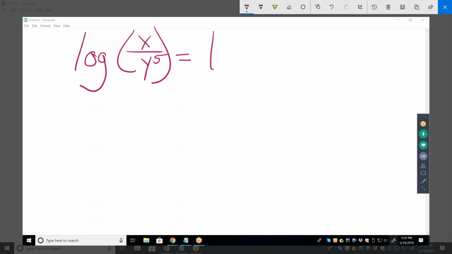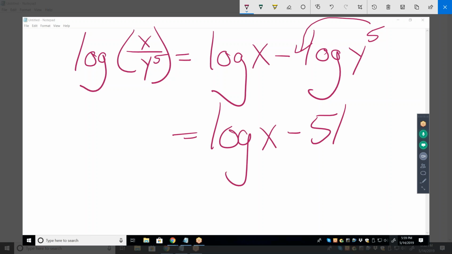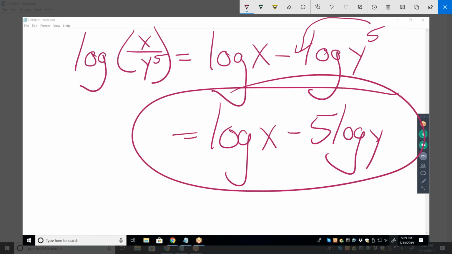What's the first log? Log of x minus log of y to the 5th. I would actually prefer you do it in 2 steps like this. And now you can take that 5 and move it in front of that. So you get log of x minus 5 log of y. And that's your answer.